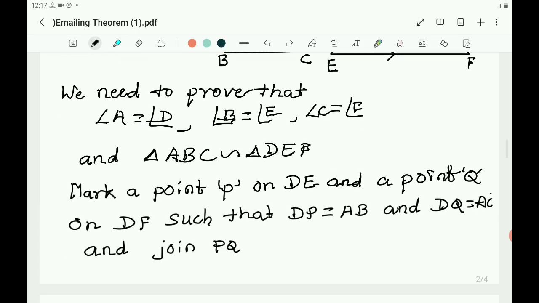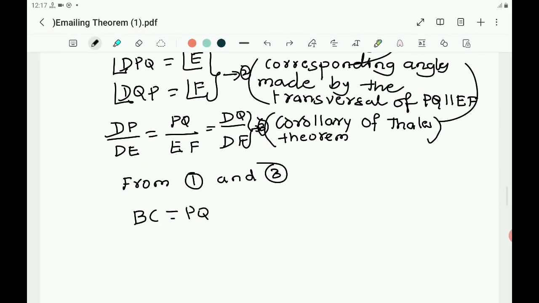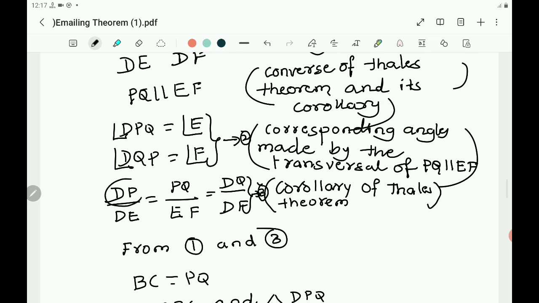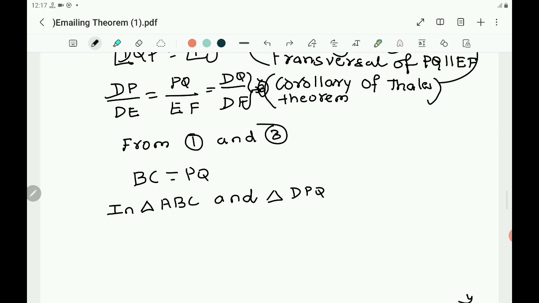So write in triangle ABC and triangle DPQ, AB is equals to DP, and AC is equals to DQ.